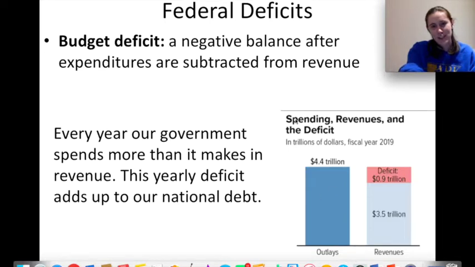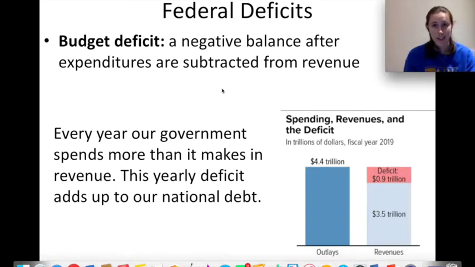And if you look at this chart here, where at the top we see spending, revenues, and the deficit, we can see that just last year we had a deficit, or a gap, of $0.9 trillion. So our federal government was negative by almost somewhere between 1/4 or 1/5 of all of our federal spending.